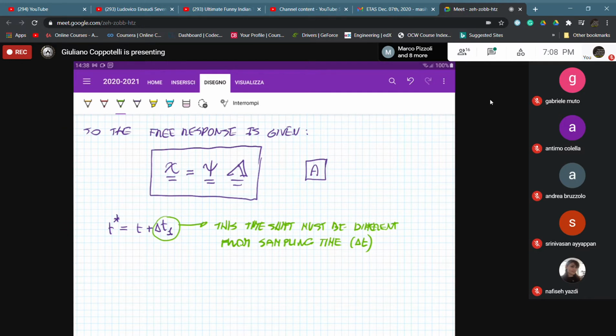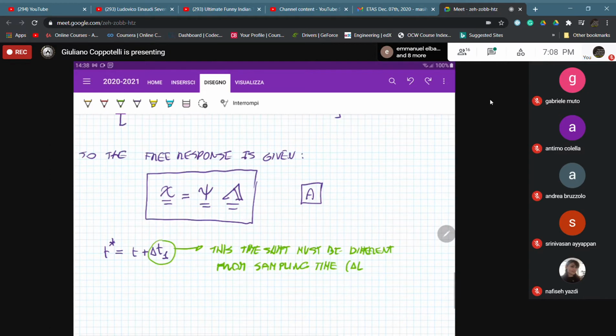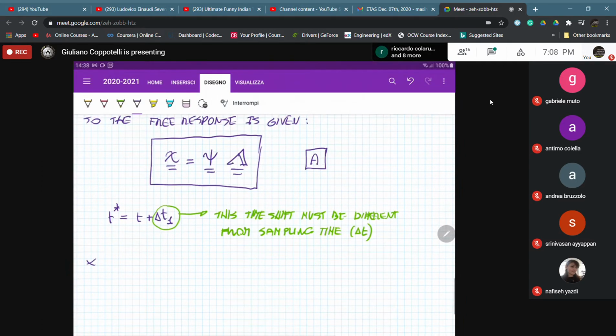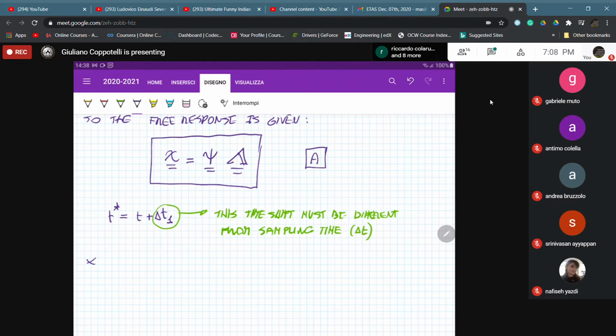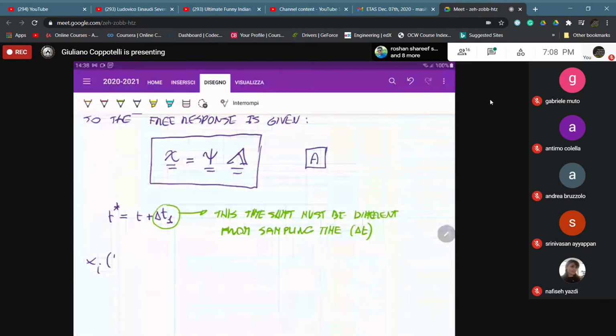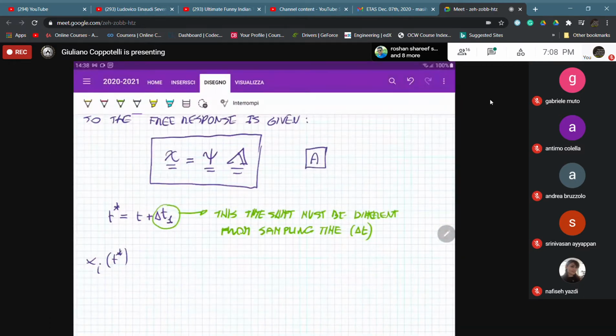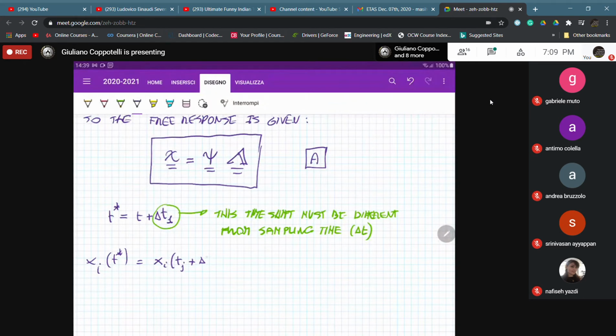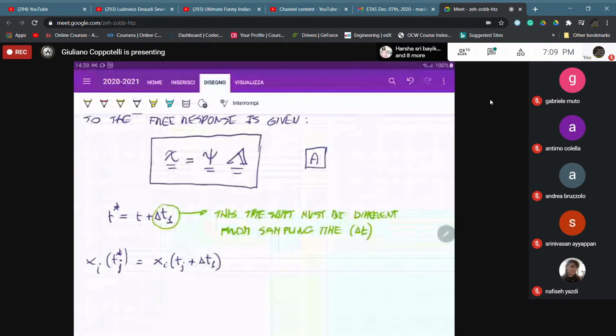And therefore, because of that, the new responses could be written as your free response, corresponding to the i-th degree of freedom at this new time value, as your x_i, that is your t_j plus delta t1. Okay, let me call it t_j, whatever.